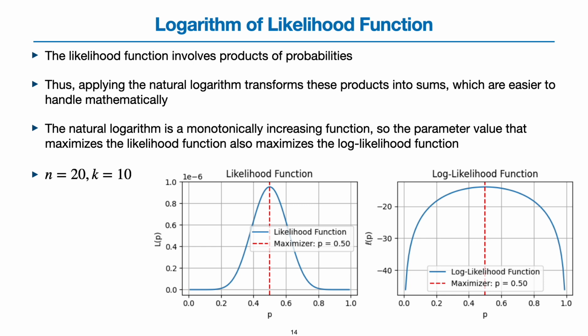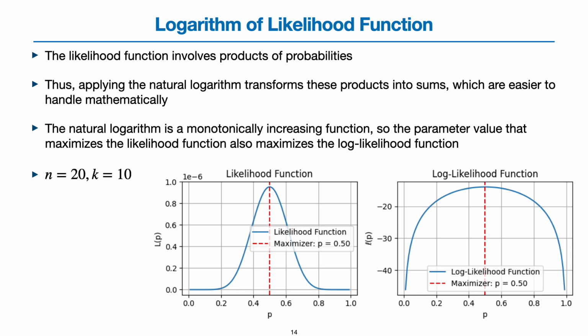So this is the logarithm of the likelihood function, which we call the log likelihood function. And you can still see that the maximum happens at p equals 0.5. Although the value on the y-axis is different, as we know, because we're taking the log of whatever is on the other side, the fact that matters is that the maximum, or the maximizer, or argmax has been preserved.